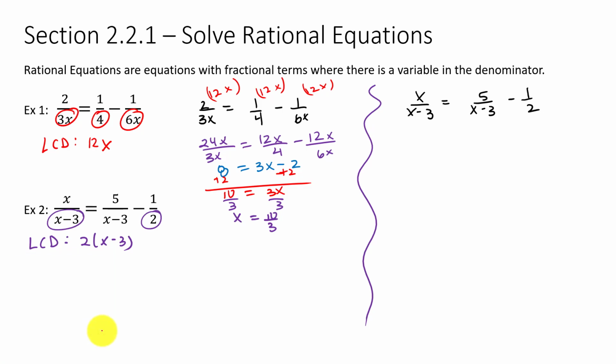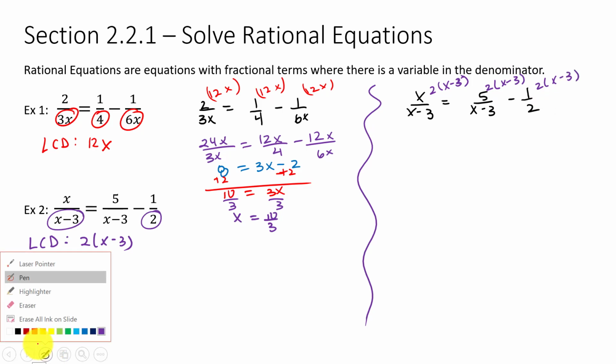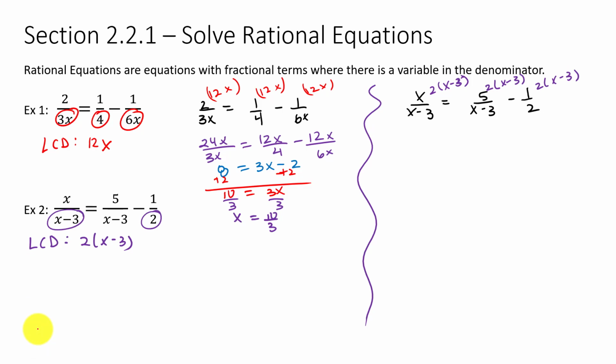So here we're going to multiply each of these terms by 2 times x minus 3. Again, that way we won't have any denominators. I'll show you a different way to do this, which is a little bit easier: we can cross off any terms that are now in the numerator and the denominator. So I multiplied by x minus 3, it will divide out the denominator, which leaves us with a 2x.